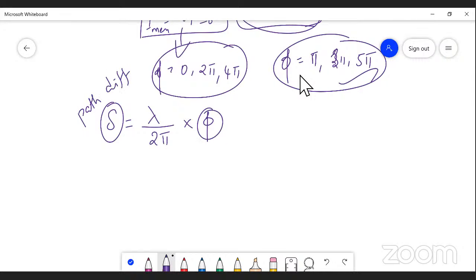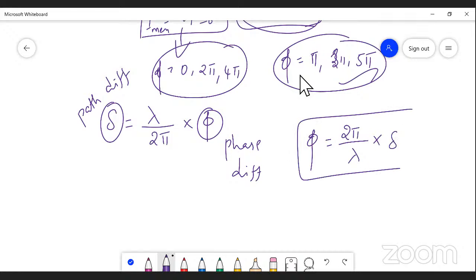So phase difference phi is equal to 2 pi by lambda into delta. Delta is the path difference, and phi is the phase difference.